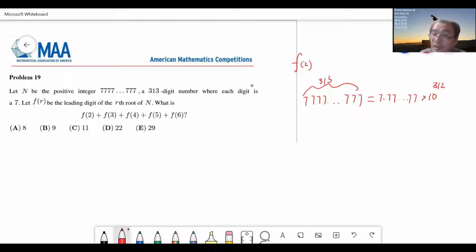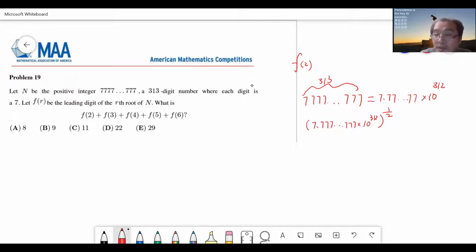Right? So then we need to do the second root of this number. So that's going to be 7.77 times 10 to the power 312. So this is going to be the second root. Basically, that's going to be to the power of 1/2. That's just like a square root.